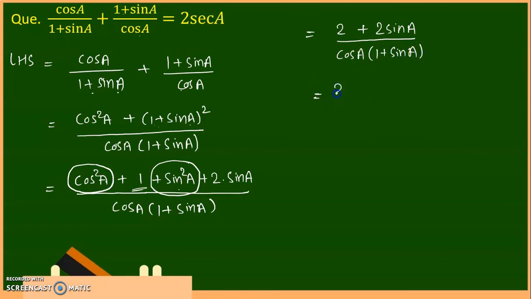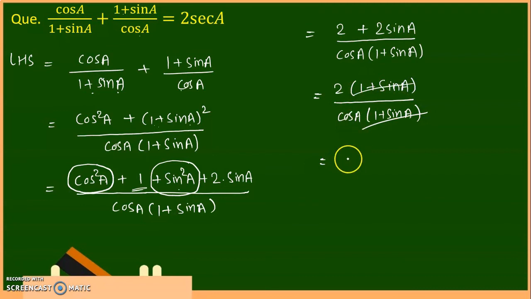Now if you take 2 common from the numerator, we get 2 multiplied by (1 plus sin A), and in the denominator cos A into (1 plus sin A). So this (1 plus sin A) will be cancelled out, so we get here 2 upon cos A, and the reciprocal of cos A is sec A. So we get 2 multiplied by sec A, that is what we have on the right hand side.